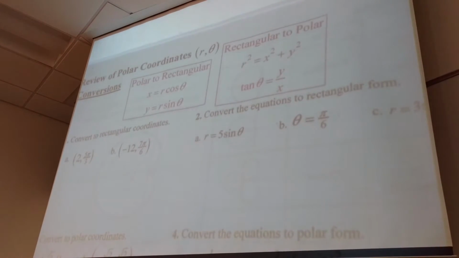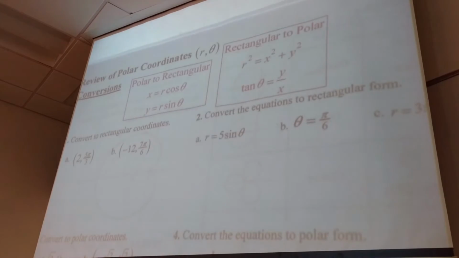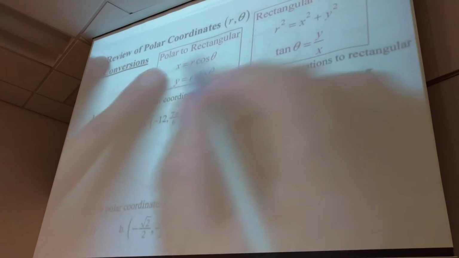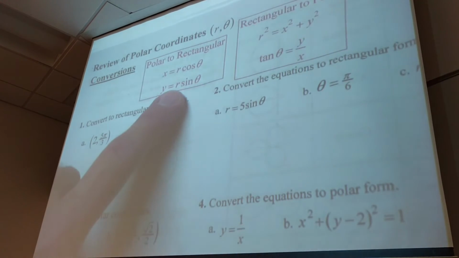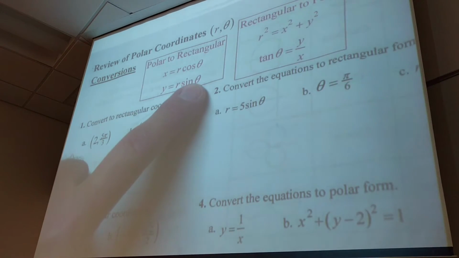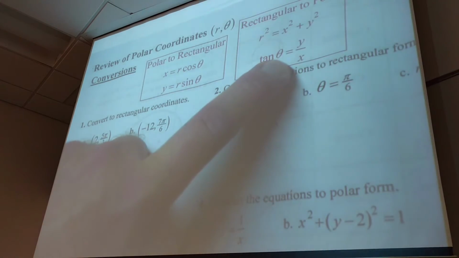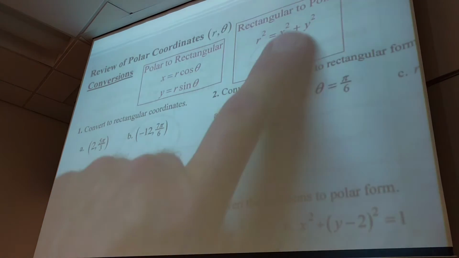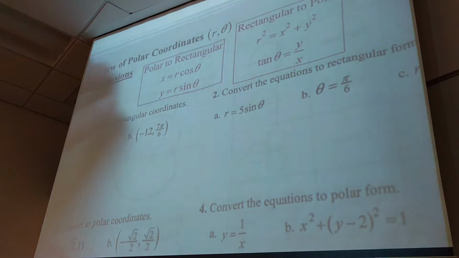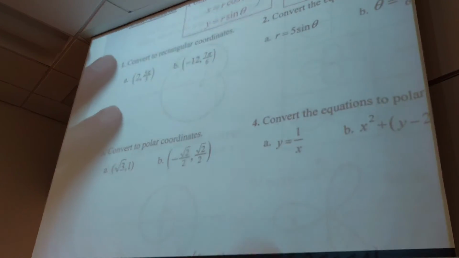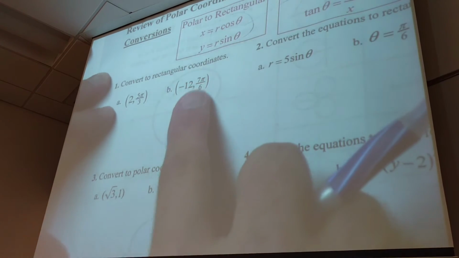And just to point something out, if I divide these two, if I take y divided by x, don't the r's cancel, and sine divided by cosine is tangent, so that's where that comes from. And of course this is the identity from trig. So these conversions should not be too bad.